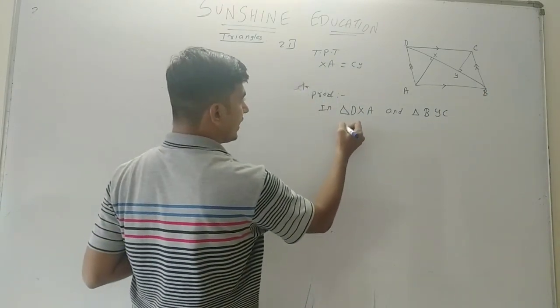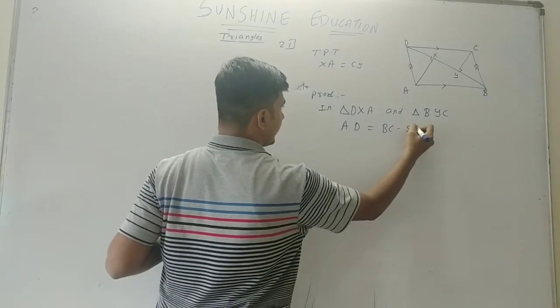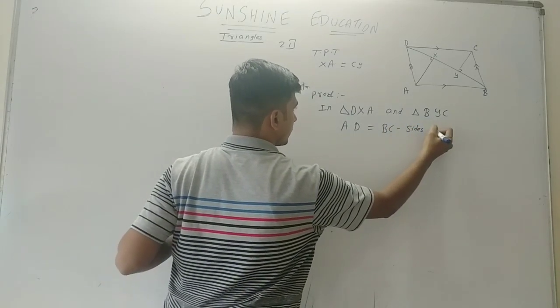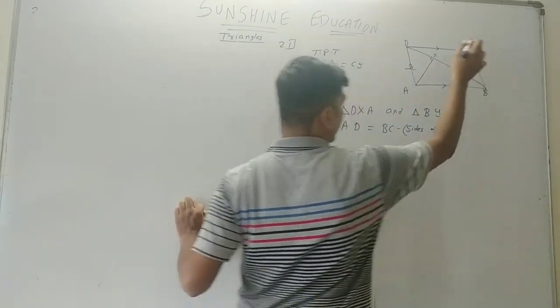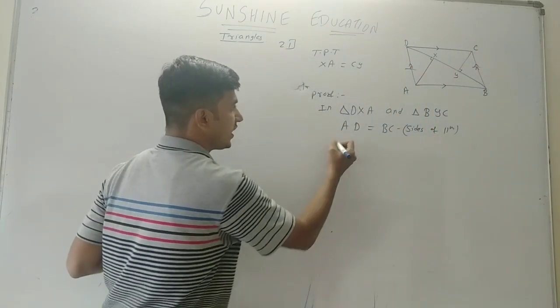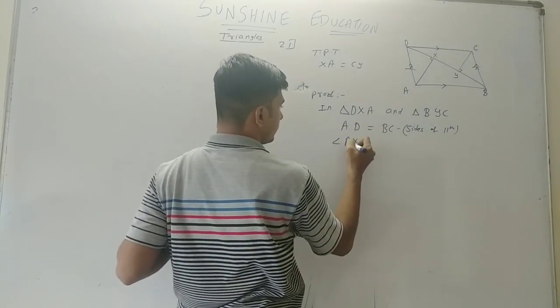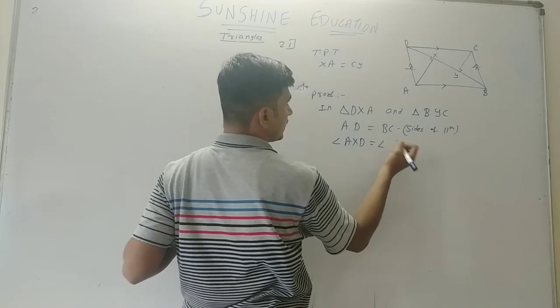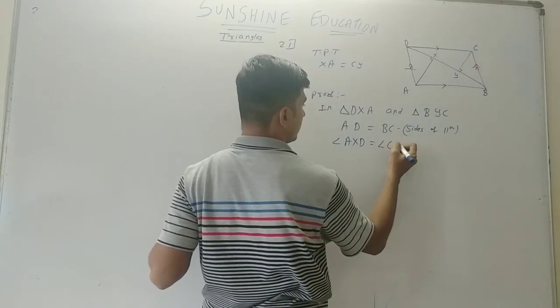Now we know that AD is equal to BC, sides of parallelogram. Opposite sides of the parallelogram are equal. And we know that angle AXD is equal to angle CYB.